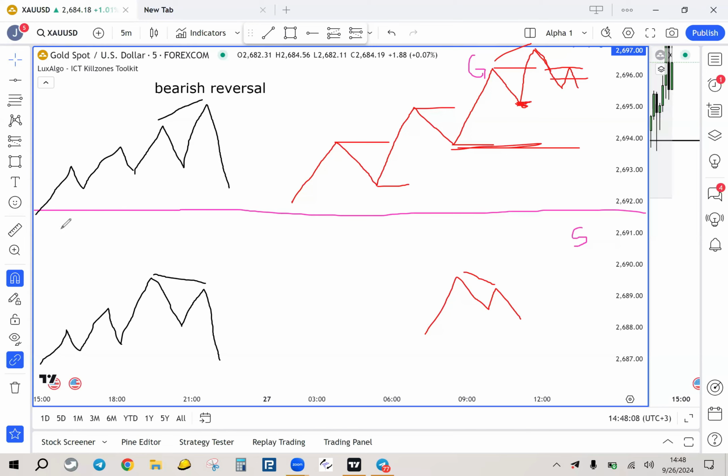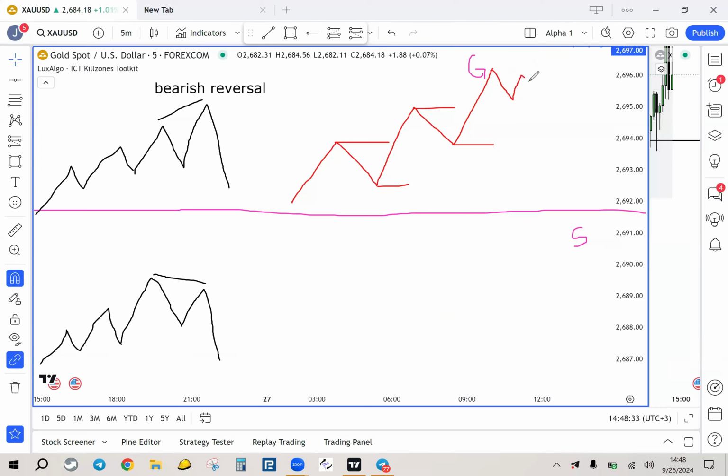Now, there's also the other situation in which this divergence is going to happen like the following. You're going to have gold going higher, silver is not going to go higher. So there you go, you have the divergence. So gold created a higher high. No, sorry. The other way around.